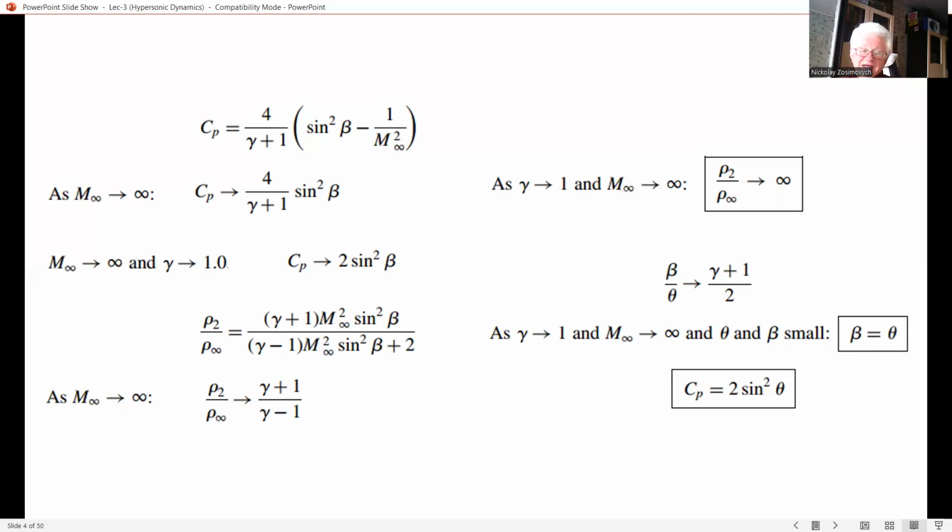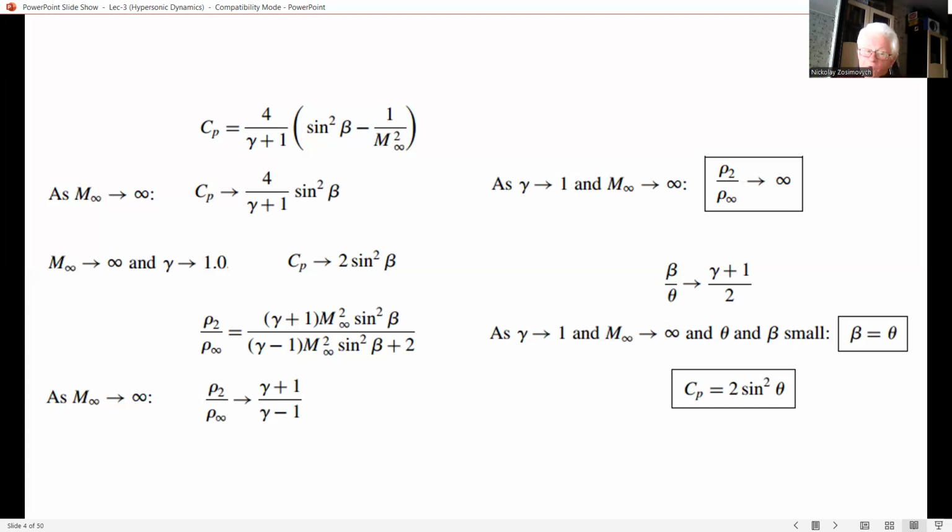In this case, we may rewrite the Cp expression simply: Cp will be proportional to sine squared theta. Examine this equation. We get the result from exact oblique shock theory, taking the combined limit of very large Mach number and gamma going to 1. However, it is also precisely the Newtonian result given in our previous lecture.